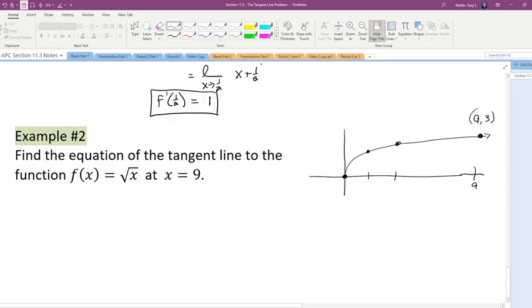So what I'm looking for is the slope of the tangent line to this function at 9. In order to do that, I need two things, just like we did way back in Algebra 1. We need a slope and we need a point. Well, we have the point, 9, 3. Didn't give us the 3, of course, but we can plug it in and find the y value.